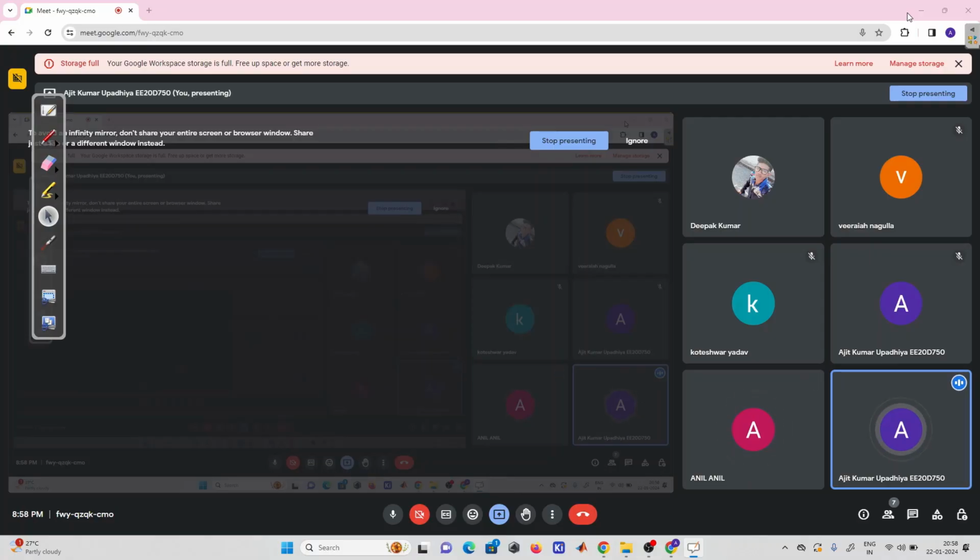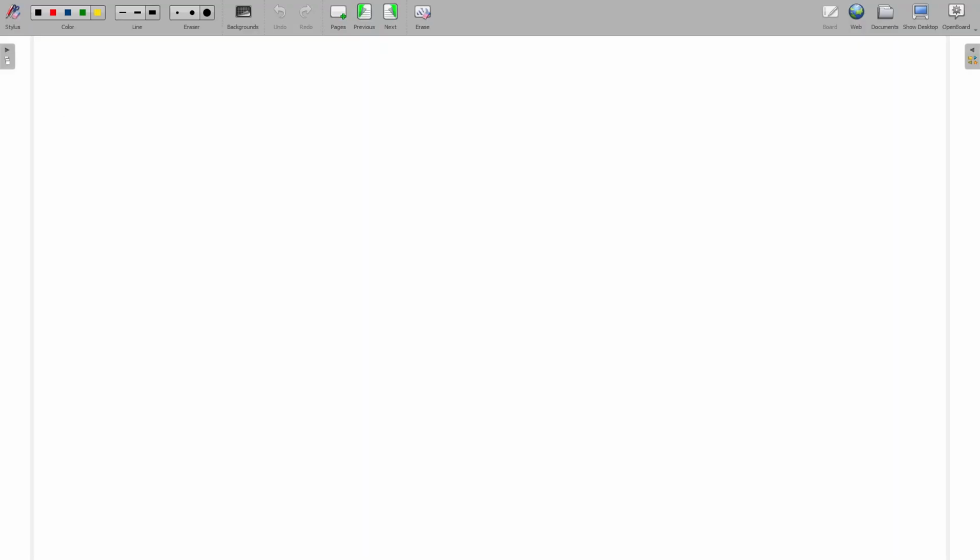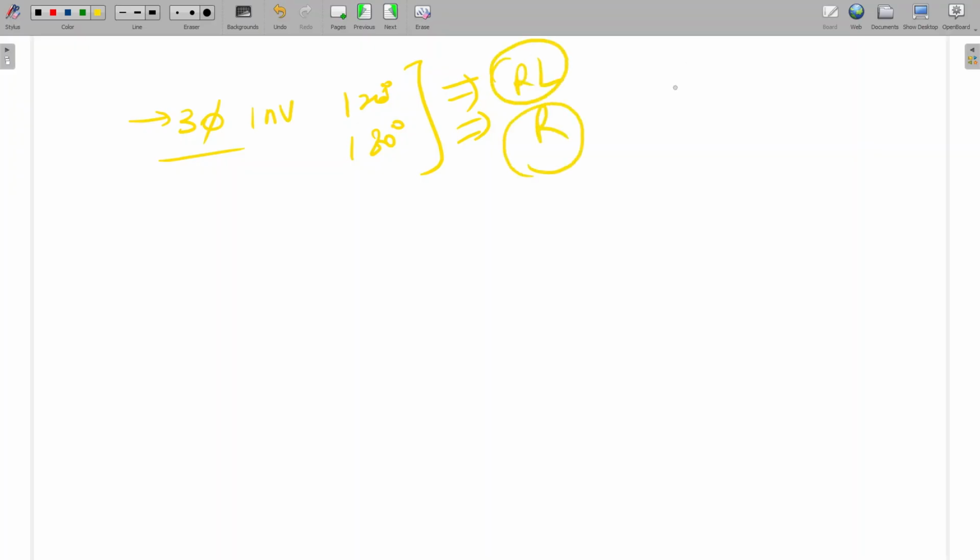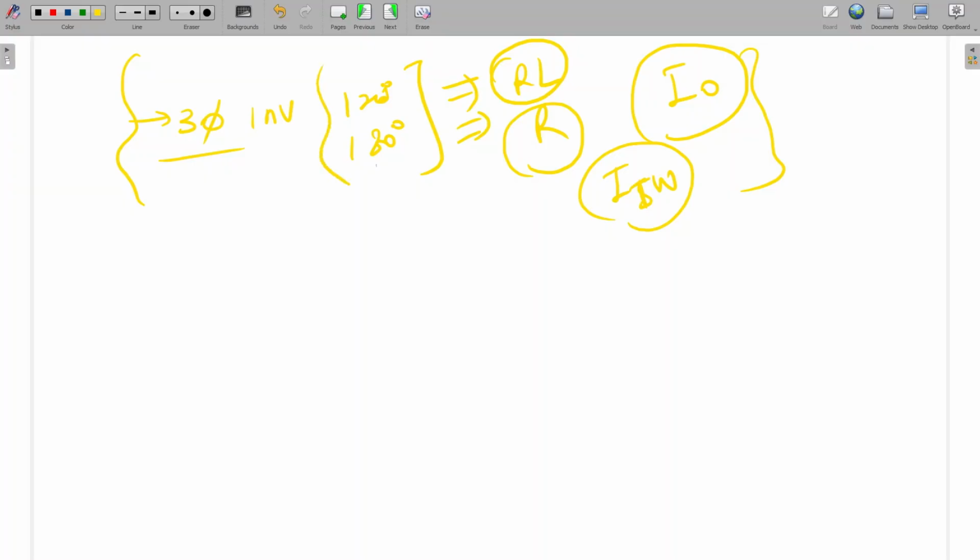So what I will cover: 3 phase inverter, 120 degree and 180 degree. Here the main thing I will discuss is the current relation for RL load and R load. This kind of objective question can be framed: if the output current is given, what will be the RMS current of the switches, ISW RMS? I will give short tricks for this. All waveform analysis I will discuss.